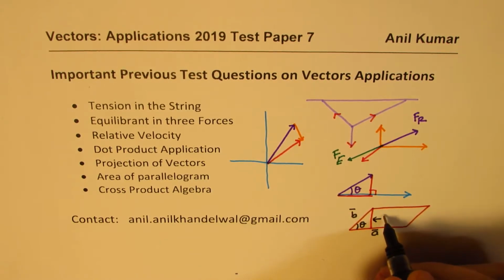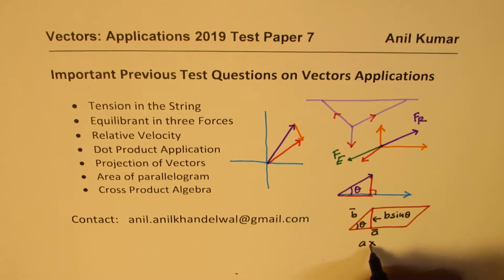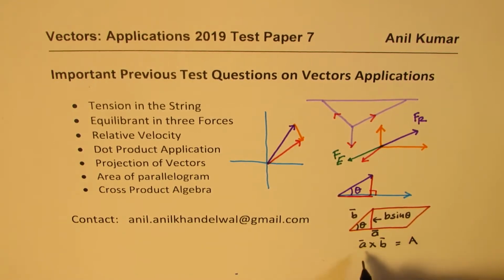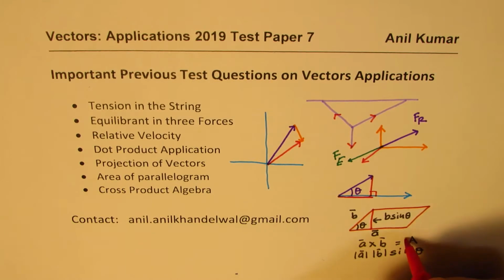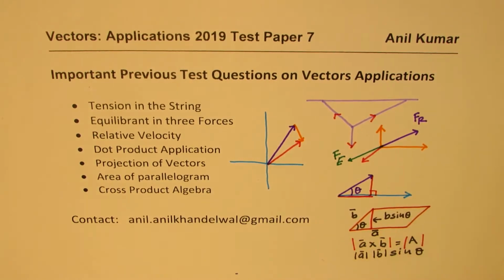So this component is the height, which is b sine theta, correct? And therefore, A cross B gives you the area of the parallelogram, which is magnitude of A times magnitude of B times sine of theta, correct? So we will be referring to the absolute value, since the direction which is normal to this page is not part of the area, correct?